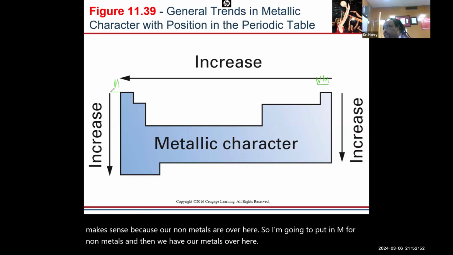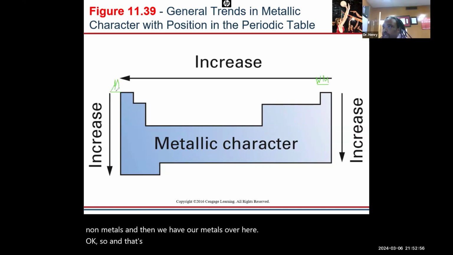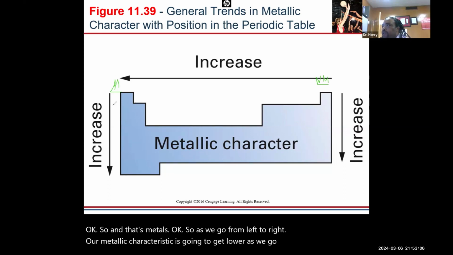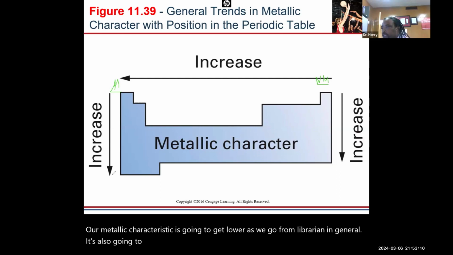So as we go from left to right, our metallic characteristic is going to get lower. As we go down in general, it's also going to get lower. Okay, metallic characteristics.